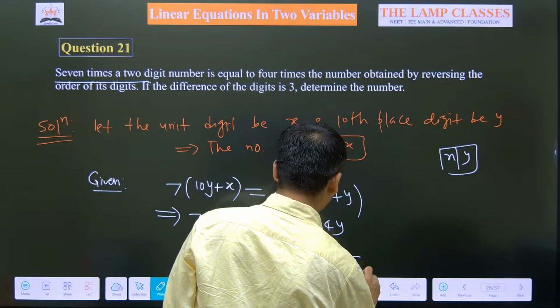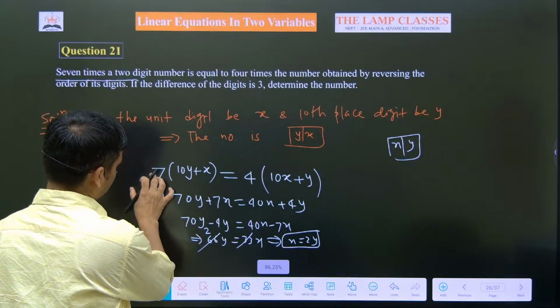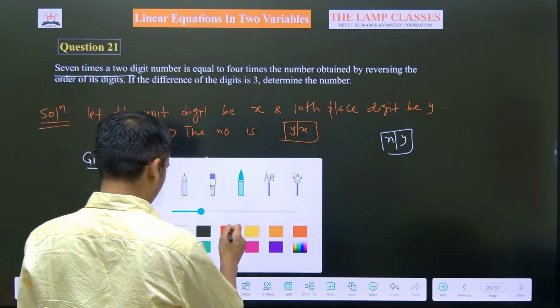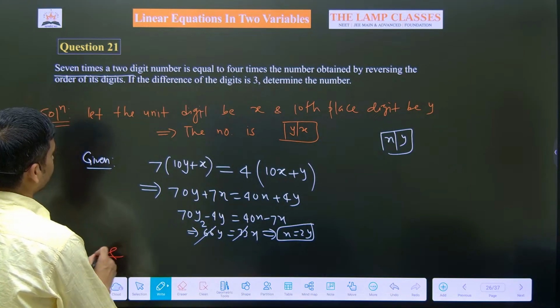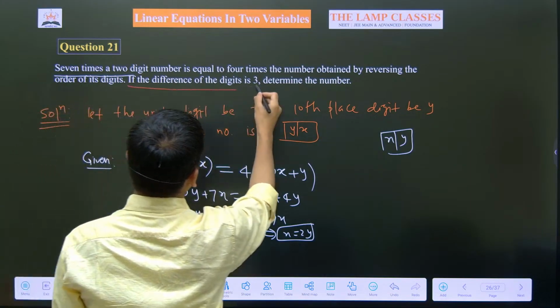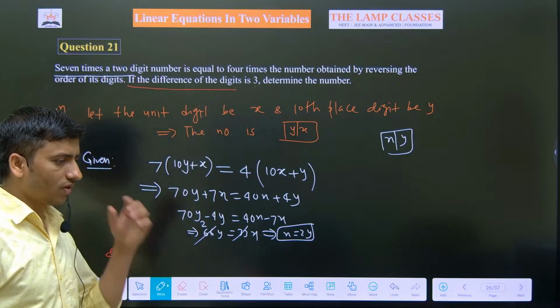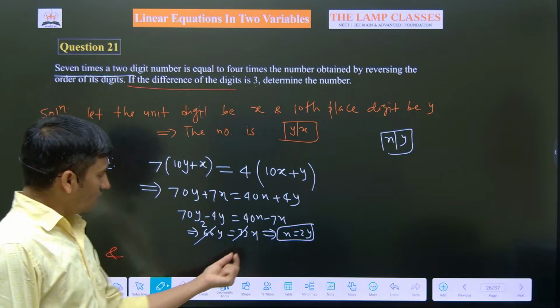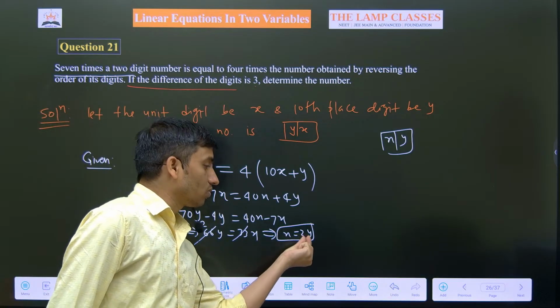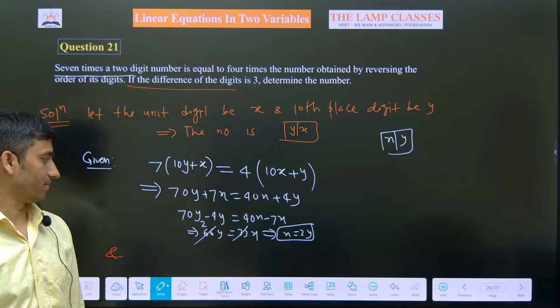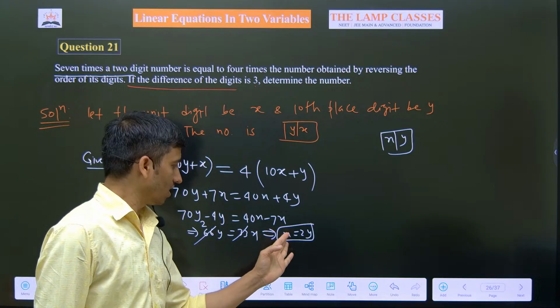But we need one more equation to find x and y both. And they have given one more piece of information: the difference of the digits is 3. Now you can clearly see x is equal to 2y, so x is bigger.